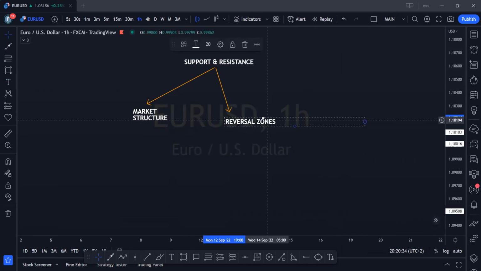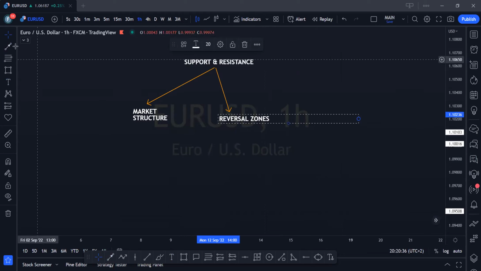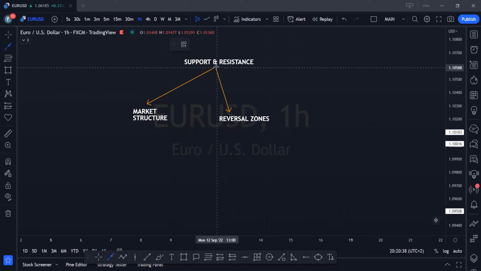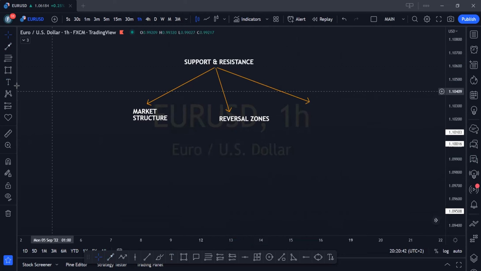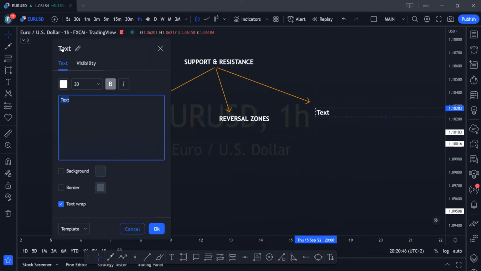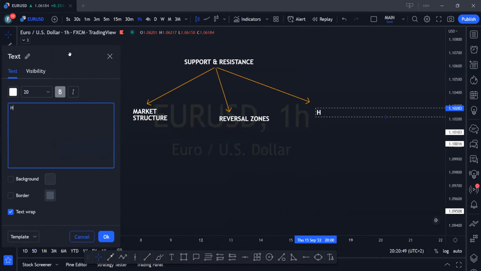And then lastly, I want you to think about historical data, history, historical data, to predict the future.